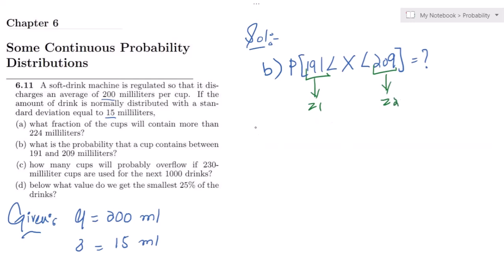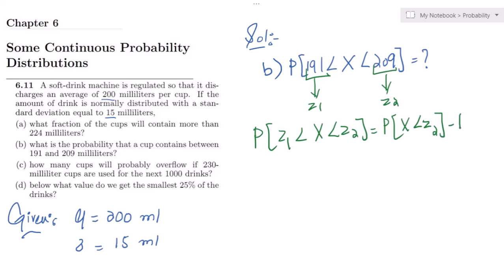After finding them, we would take the probability that x is less than z2 minus the probability that x is less than z1.